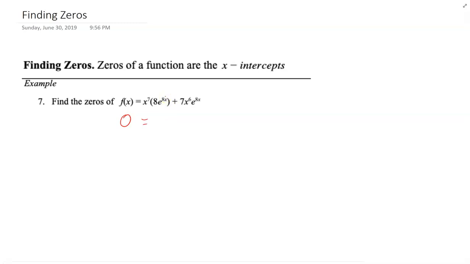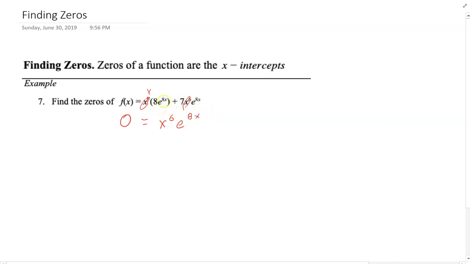Now, let us say there's an x raised to the 7 here, but there's an x raised to the 6 here. So the common thing in both terms would be x to the 6, and then what will be left here is x. Then e to the 8x is common, so e raised to the 8x.